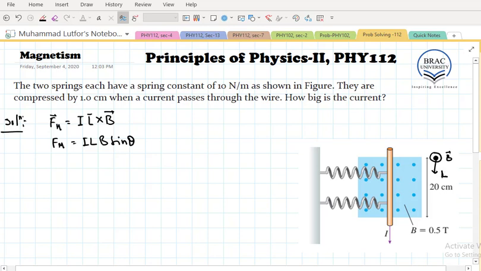This is your length, which is downward, and this is your magnetic field, which is out of the screen. The angle between these two vectors is 90 degrees. Then the magnitude of this force would be I L B, since theta is 90 degrees.